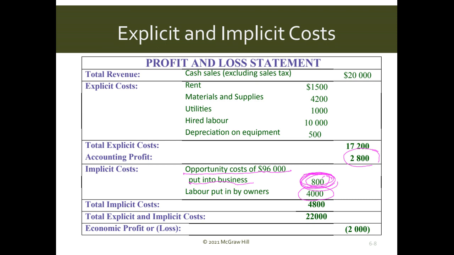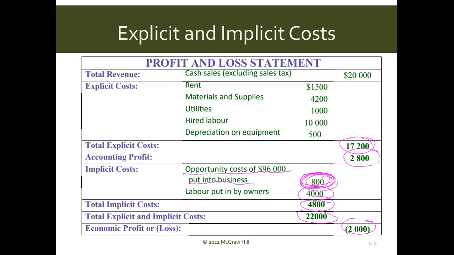If you add this explicit cost and this implicit cost, your total cost would be $22,000, and therefore your revenue is only 20,000. Sorry. So if you subtract 22,000 from 20,000, you have a loss of $2,000. So you don't have economic profit, you have economic loss of $2,000, but you have accounting profit of $2,000.